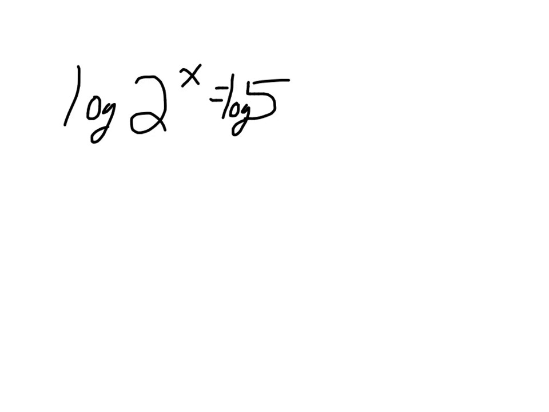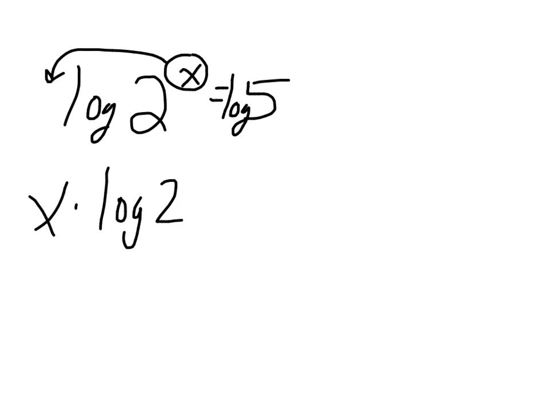Once I log it, what happens? Then I can move the x in front. Why? It's one of the properties, right? So x times the log of 2 equals the log of 5.